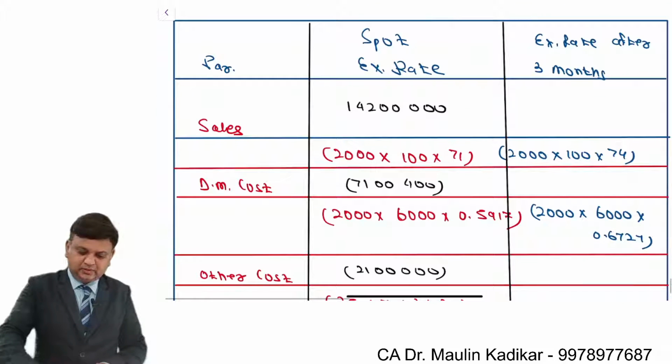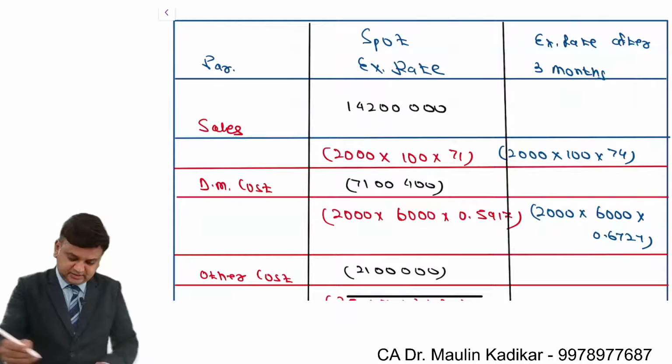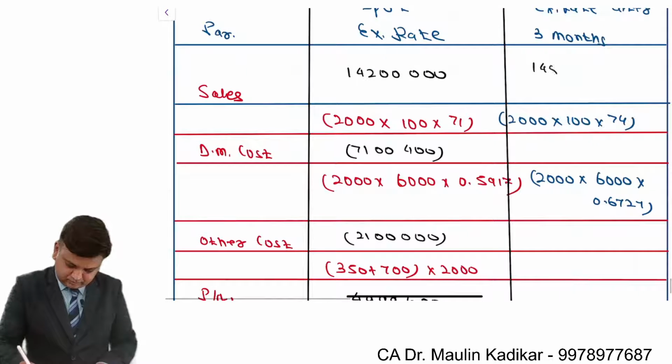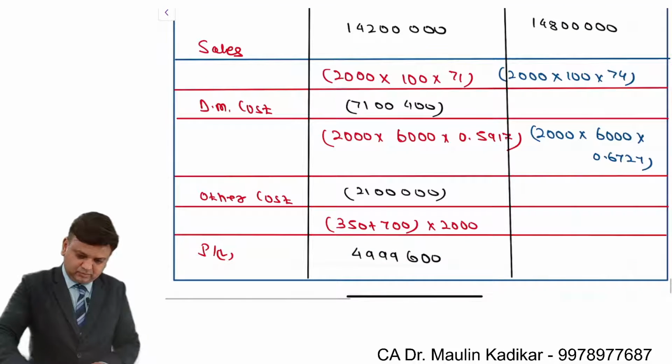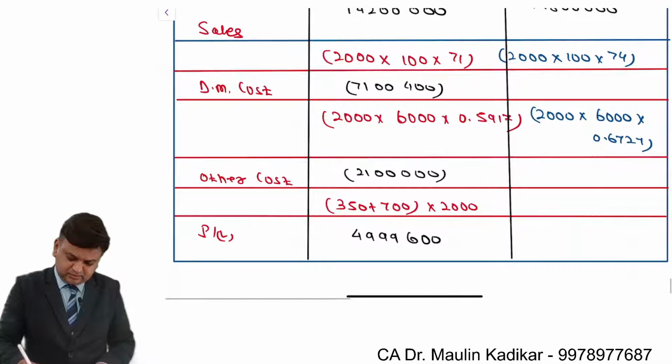In the proposed one, 2000 into 100 into 74. So it is 1 crore 48 lakhs. 2000 into 6000 into 0.6727, 80 lakh 72,400.